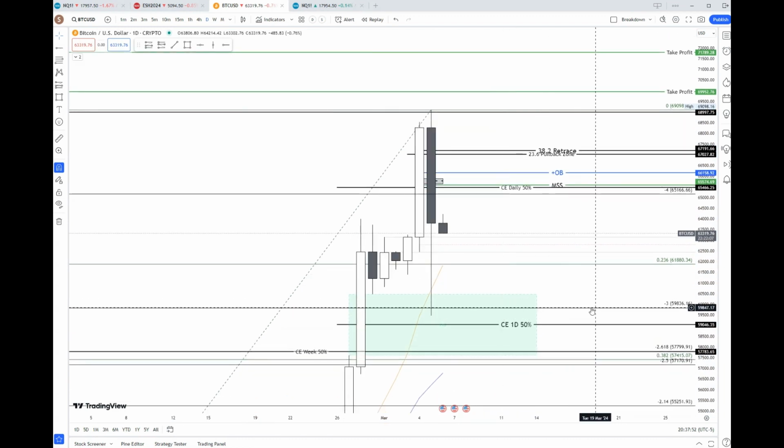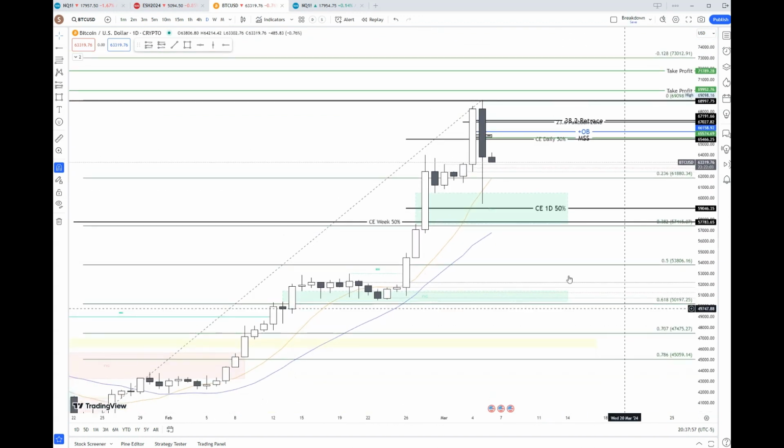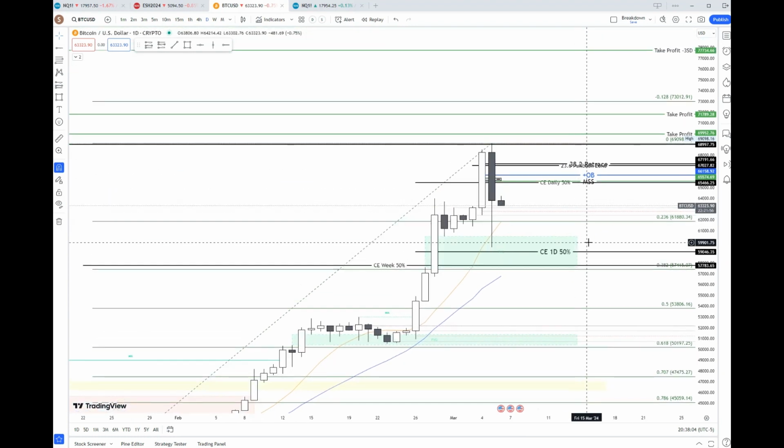I'm going to delete that leg up, clean the charts up a little bit. You can see how we held the 10, did not close below it. It's still bullish in my opinion that we will end up going higher.